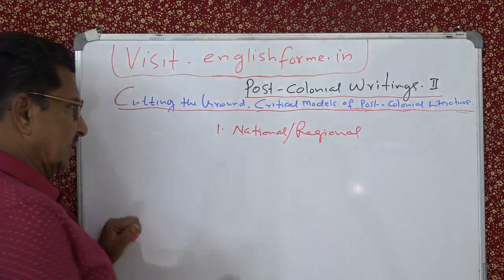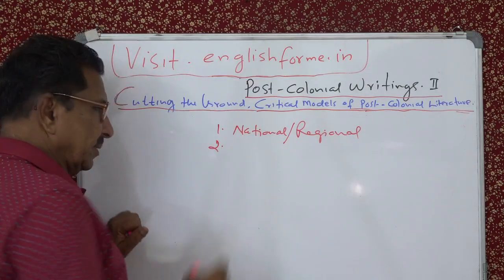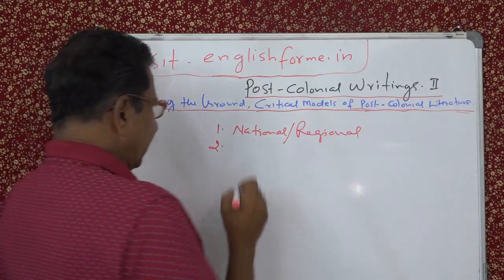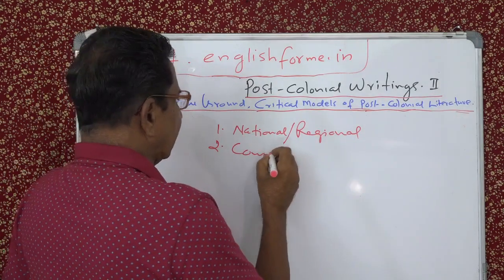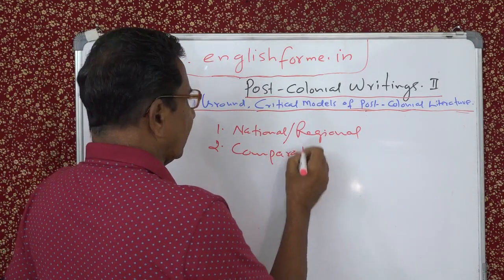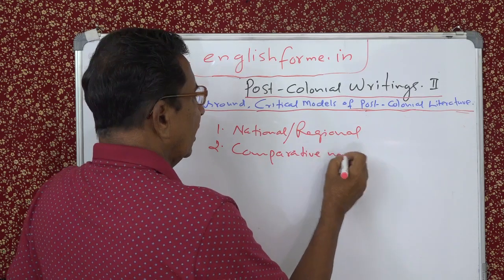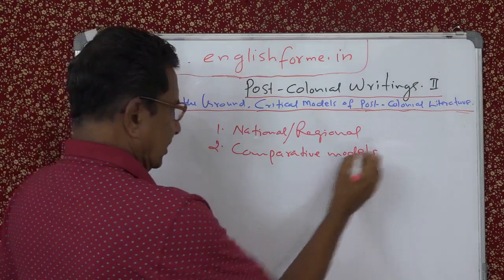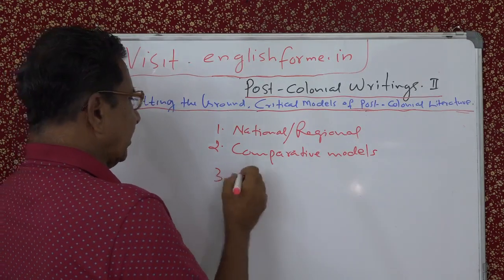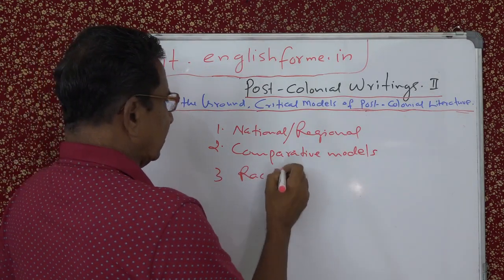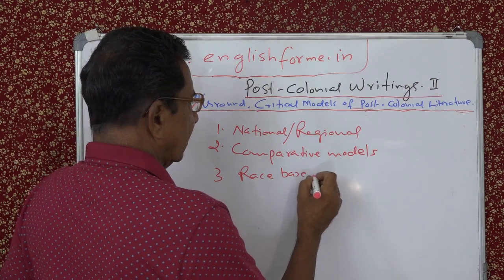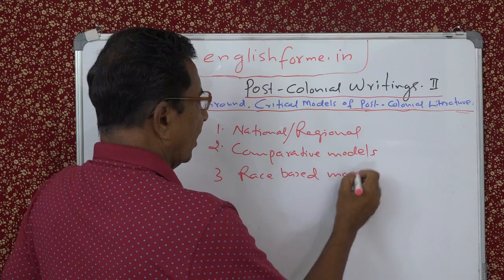The second is comparative models. The third is race-based models, like black writing based.